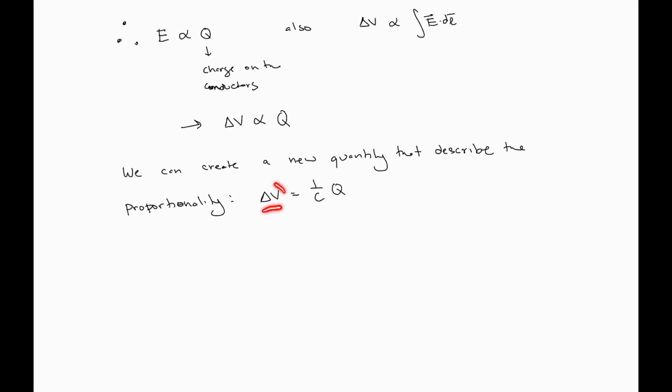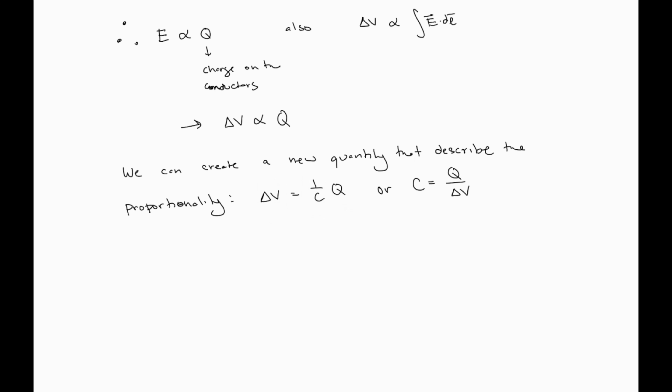For a given delta V, this will tell me how much charge is on each of the capacitors. It's going to be 1 over C, this is our proportionality constant, times Q. Or I can rewrite that. The more common way to write that is the capacitance is equal to Q divided by delta V.